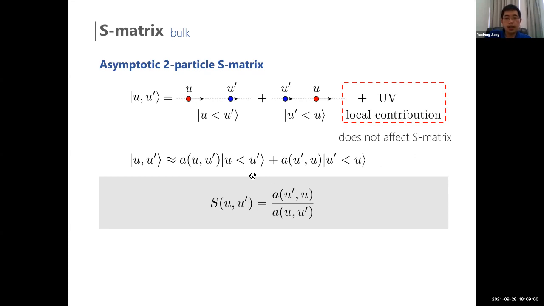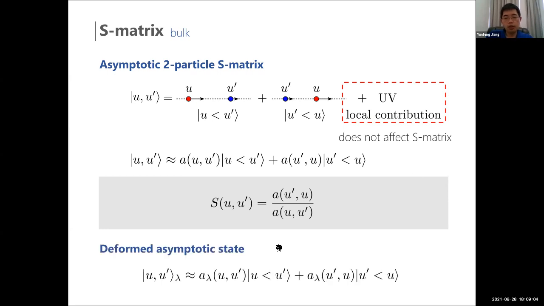Okay, so this is the undeformed story. Then we want to do the deformation. Under the deformation, this ordered state, because these particles are far away, they are basically just plane waves, and so they are not deformed.